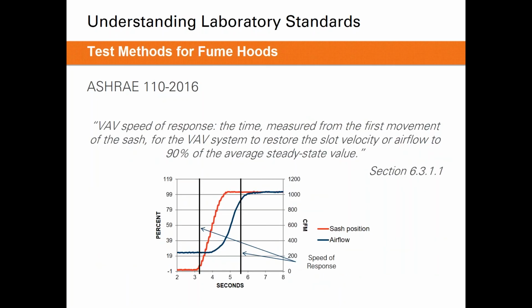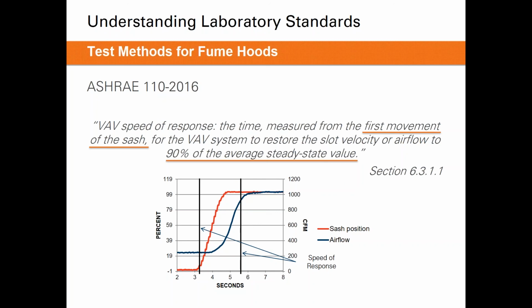As I mentioned, what we're looking for with this test is how quickly our system responds. The first thing that we're looking for is what's called the VAV speed of response. This is the time measured from the first movement of the sash for the VAV system to restore the airflow to 90% of the average steady state value.